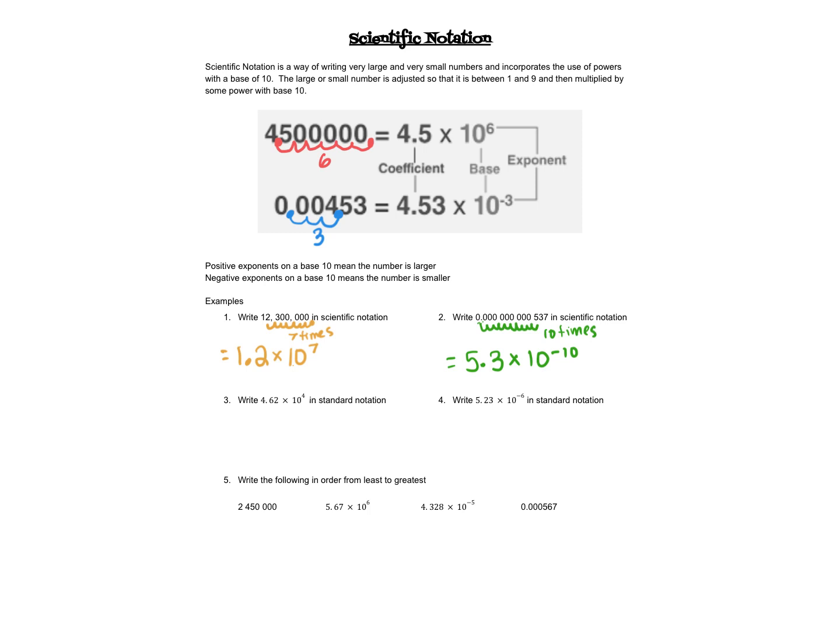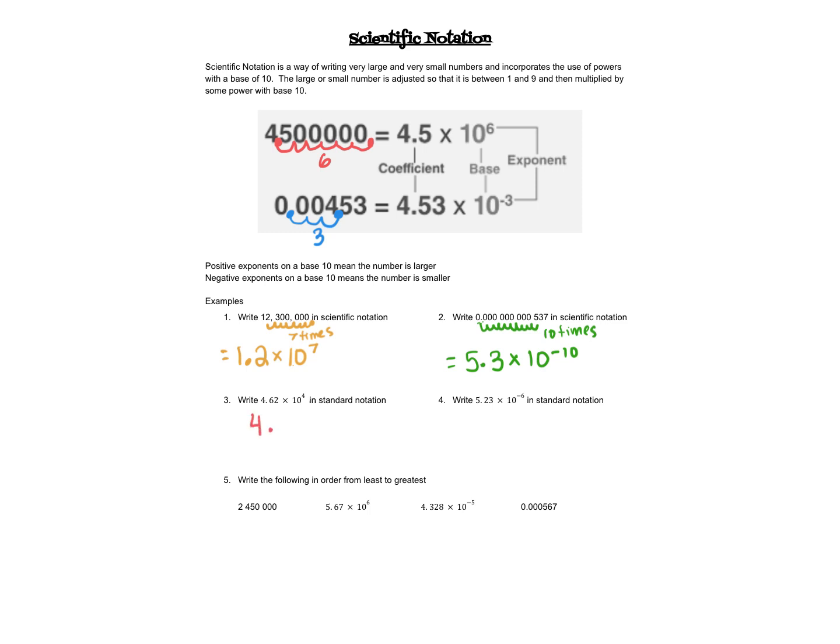For question 3, write 4.62 times 10 to the exponent 4 in standard form. Because the exponent is positive, the number is going to be large, which means you'd be moving the decimal to the right 4 times.